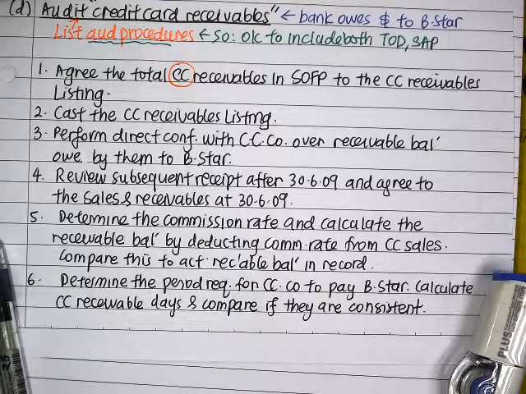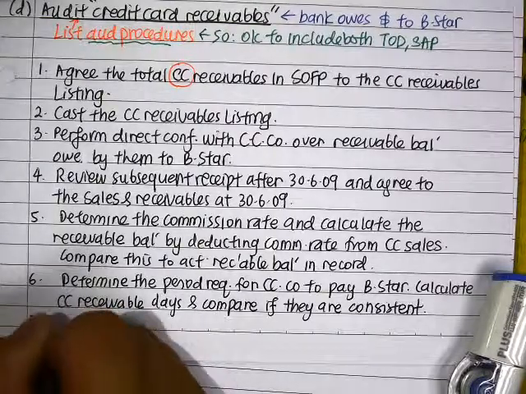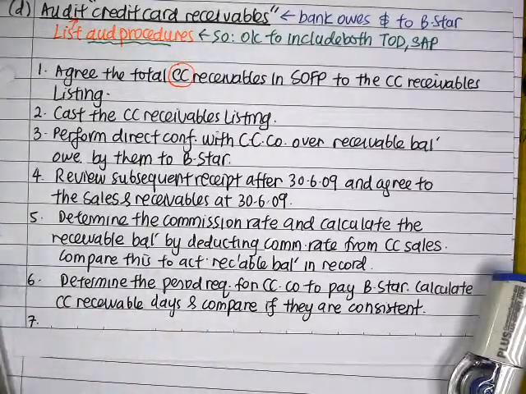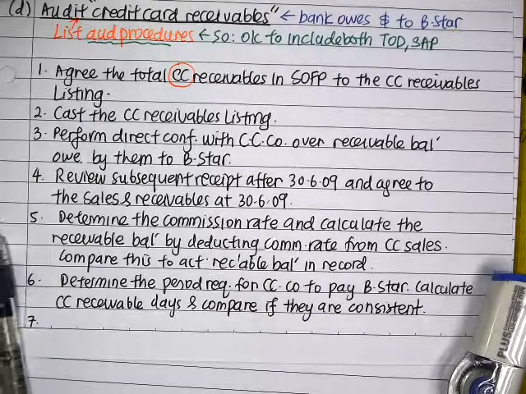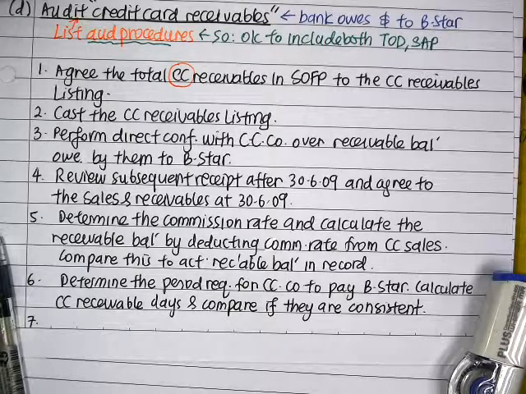Okay, now you can scrutinize records, right? So what records do we need? Usually when they use credit cards, the ticket sales will probably be authorized online.